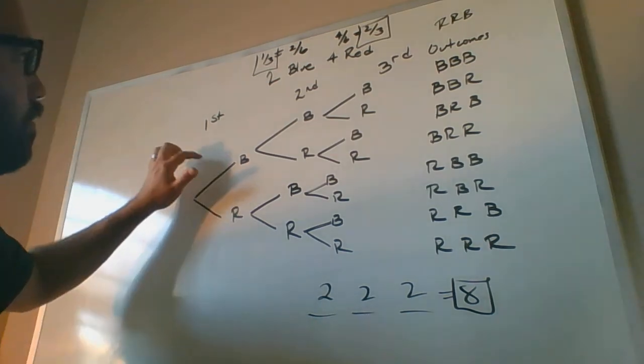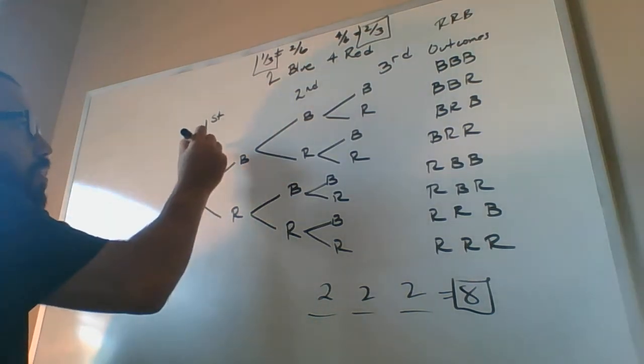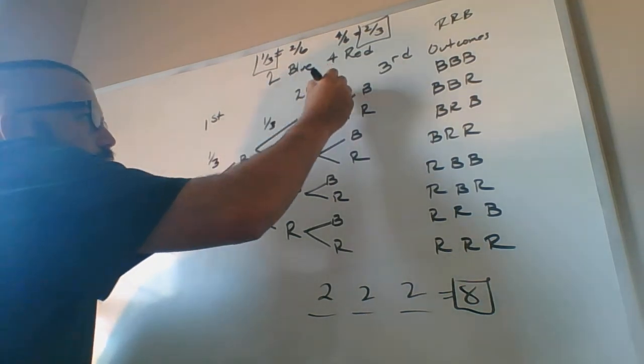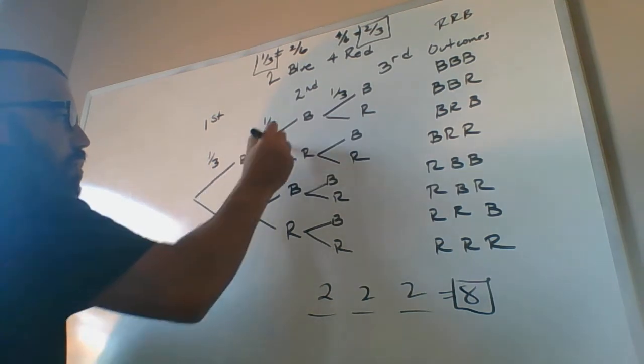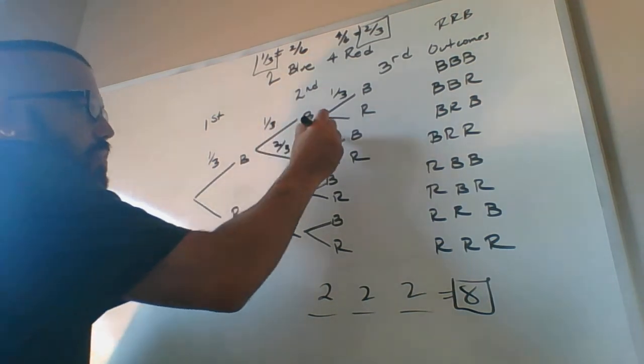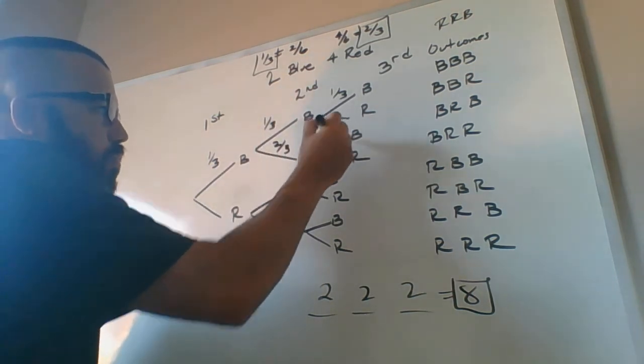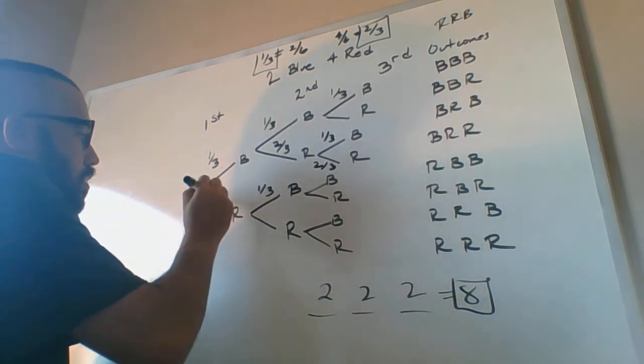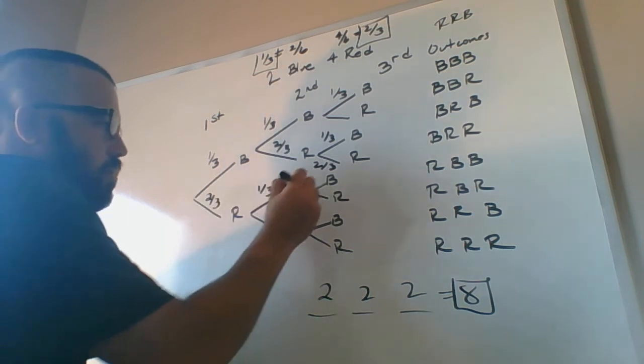So for each of these probabilities, right, blues are always 1/3. So you have a 1/3, 1/3, 1/3. Then reds are 2/3, and we're going to put these on each of the branches. Blue is 1/3, red is 2/3, blue 1/3, 2/3, 1/3.